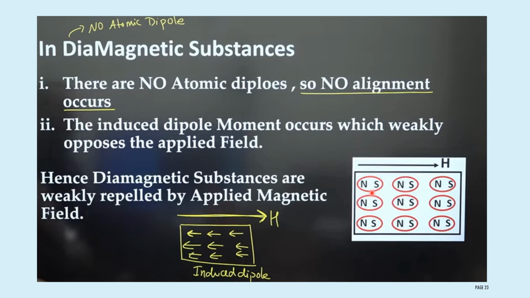Because of this induced dipole moment, a magnetic field will exist. Then this magnetic field will oppose the applied field. Because of this reason, diamagnetic substances are weakly repelled by an applied magnetic field. This point you have to remember. They may ask this in the exam.